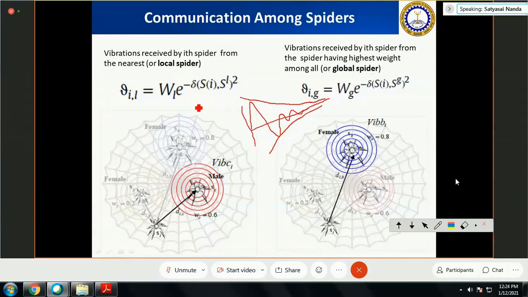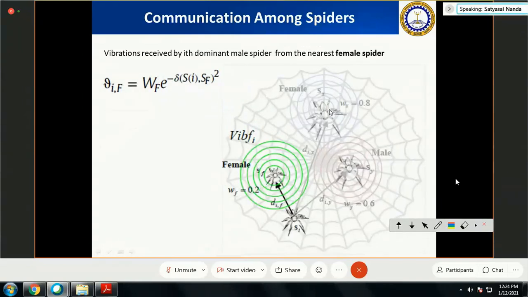This is the impact, e to the power minus delta squared. Here delta is nothing but the distance, so this decreases with respect to the distance. And that is the vibration received by any individual spider from the local spider, from the global spider, as well as from the female spider.